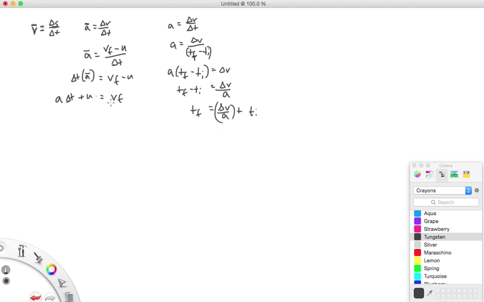So be flexible in your formulas and your algebra skills. There are a lot of different variables involved in these, especially with the change in something over the change in something else. So be able to use your algebra skills to rearrange quantities and find these different values. It's all about rearranging the tools that you already have.